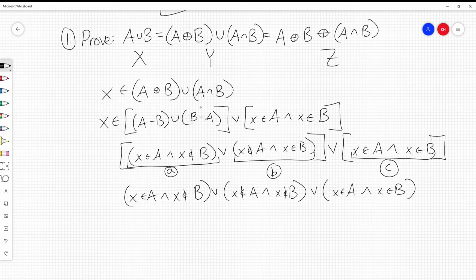We have each case, A, B, and C, readily available for us.